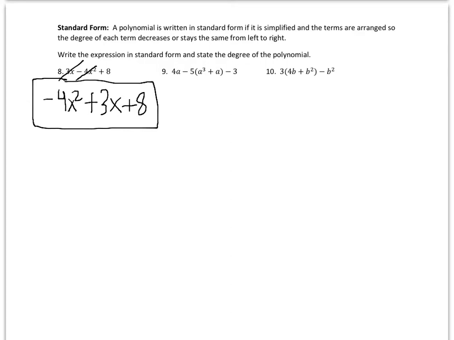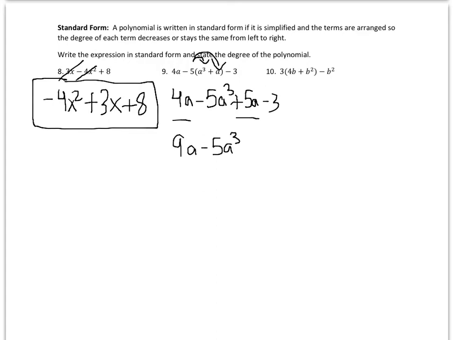Now, here, when you see things that need to be distributed, there could be things that have to be simplified. So let's go through this. First thing we've got to do, distribute that negative 5. So you get 4a minus 5a to the third plus 5a minus 3. So combine like terms. Well, 4a plus 5a, 9a, minus 5a to the third, minus 3.